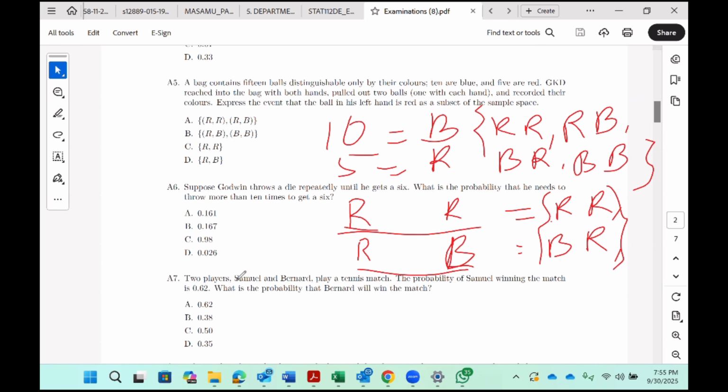So that is what we have in A here. That will be your subset of your universal set, which has red, red, red, blue, blue, red, and blue, blue, the possibilities that both hands can pick.